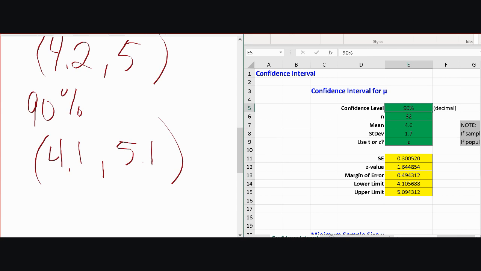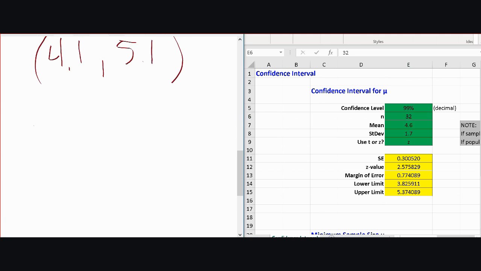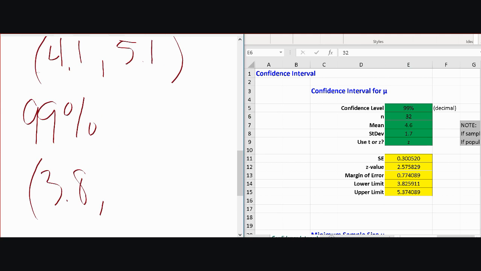What do you think happens when I bump this up to 99%? Well, we probably will predict that, boom, the margin of error gets bigger, the interval gets even larger. So for 99%, our interval doesn't look huge, but it is a recognizable jump from 3.8 up to 5.4.